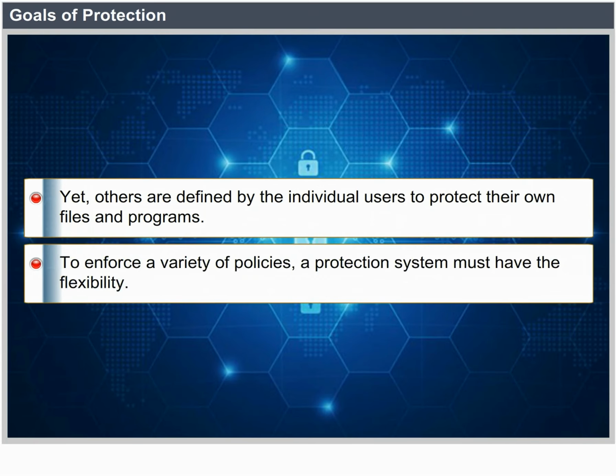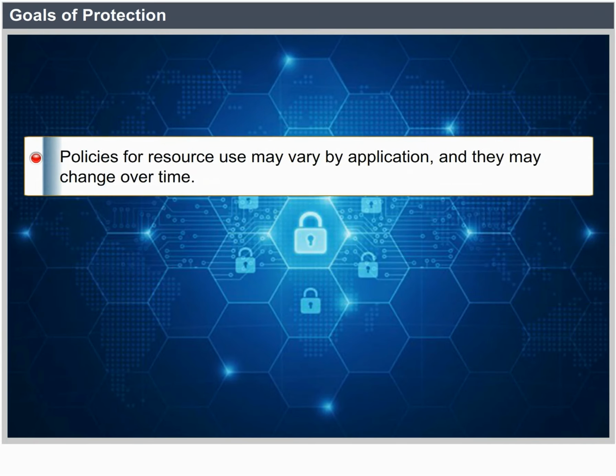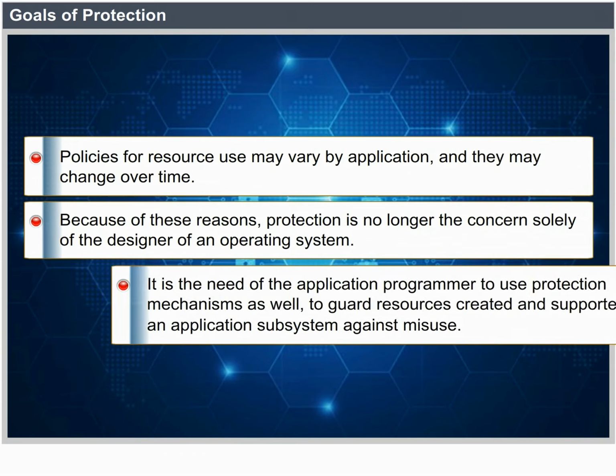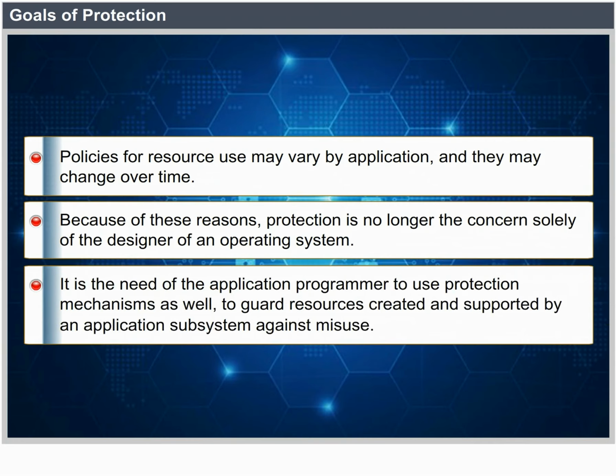Policies for resource use may vary by application and they may change over time. For these reasons, protection is no longer the concern solely of the designer of an operating system. The application programmer needs to use protection mechanisms as well to guard resources created and supported by an application subsystem against misuse.